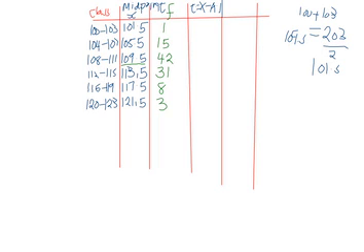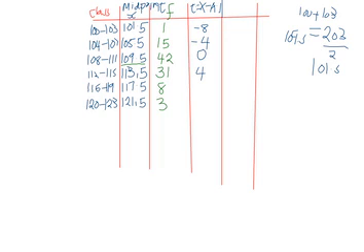109.5, and that will give us negative 8. 105.5 minus 109.5 gives us negative 4. 109.5 minus 109.5 is 0. 113.5 minus 109.5 gives us 4.